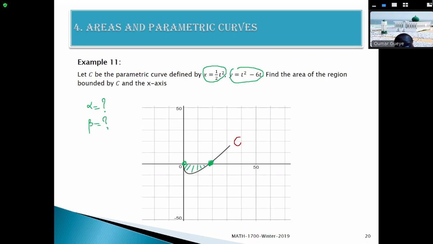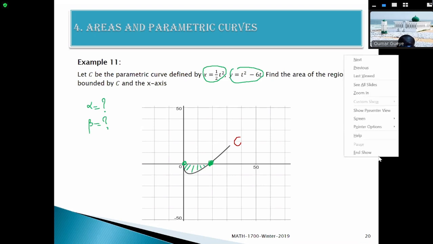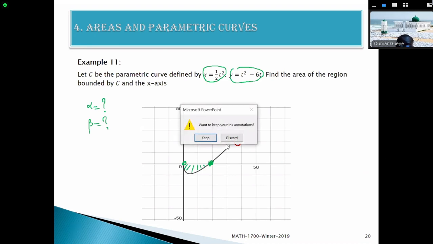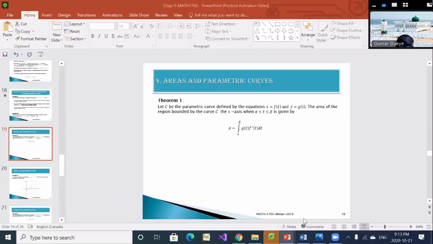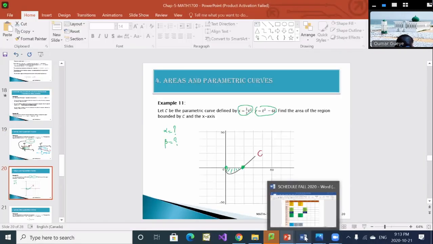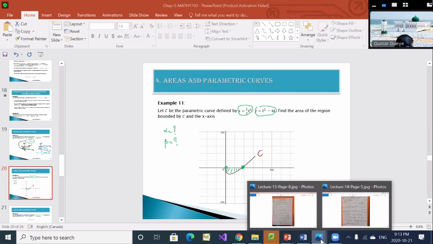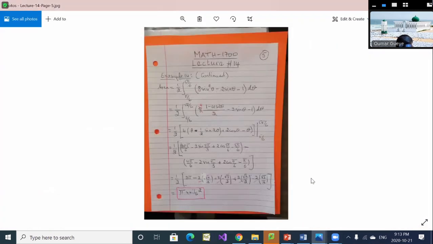And as you can see from the graph, any point belonging to the x-axis has its y-coordinate equal to 0. We're going to start by finding these two points first, and then we can apply the formula. So we need to find the values of alpha and beta first.